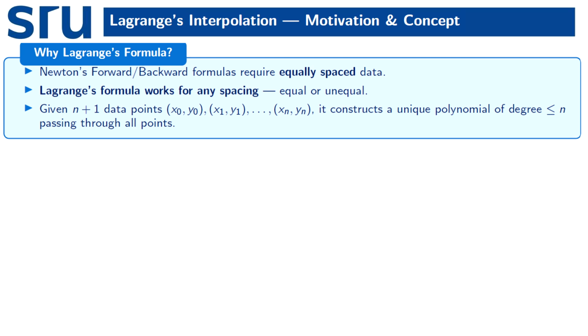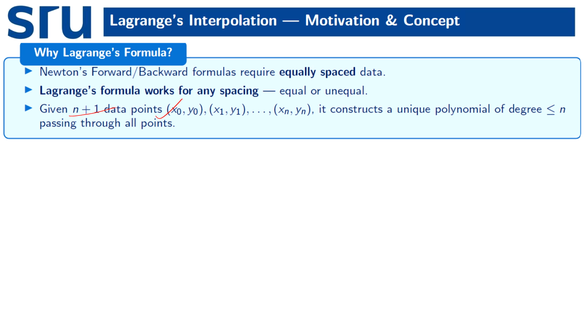Now, let us clearly understand the problem. Suppose we are given a set of data points: x0, y0, the first pair of points, then x1, y1, till xn, yn. This means we have n plus 1 data points.